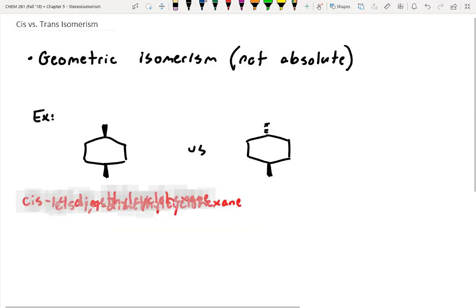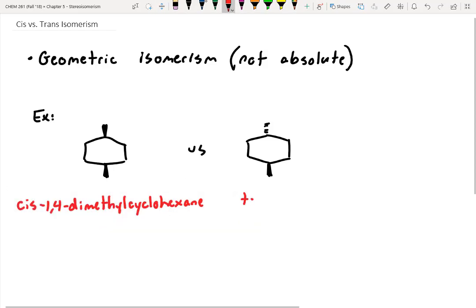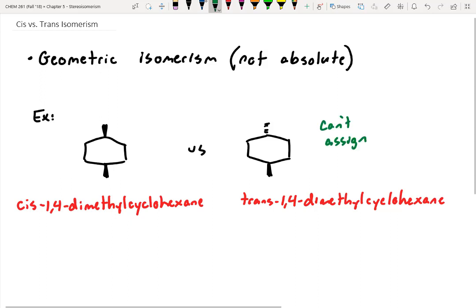Let me slide this over. And the reason we use this is essentially we can't assign R or S. However, these are different molecules, so we need to differentiate them using a naming convention.